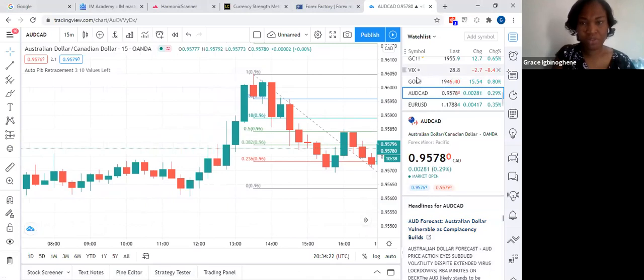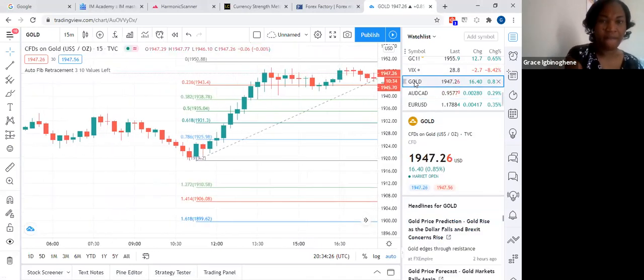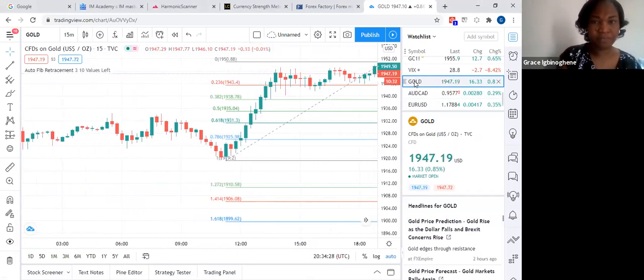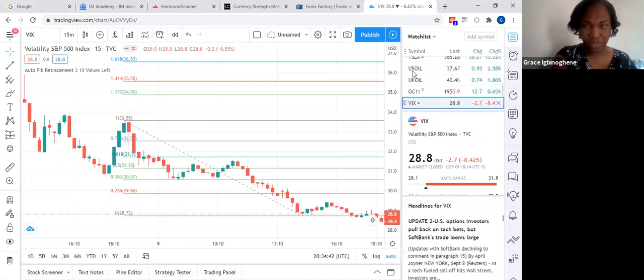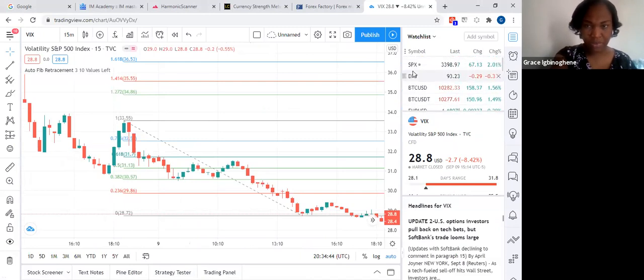So I'm just going to check gold. What's there? Up trending. This one is down trending. Let me just use this chart, even though I don't know what currency. There are other currency pairs I can find here.